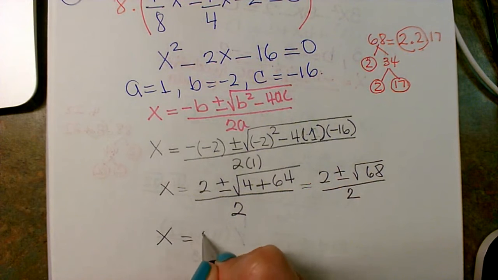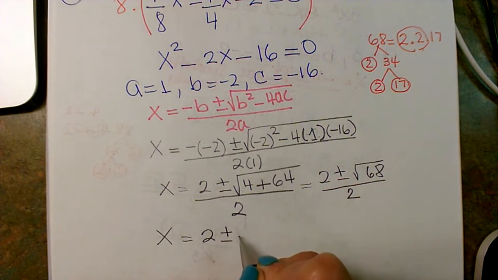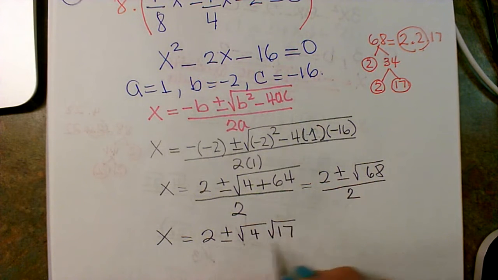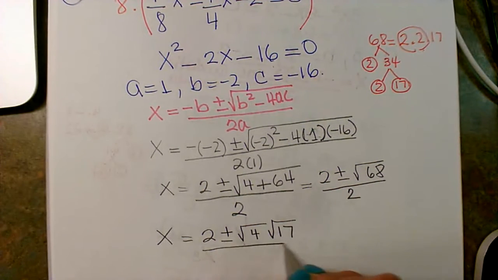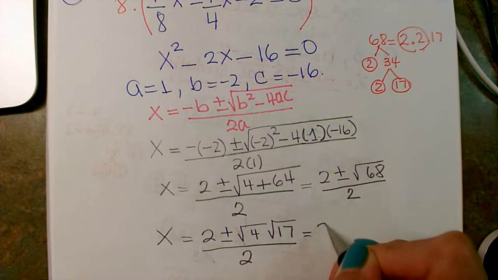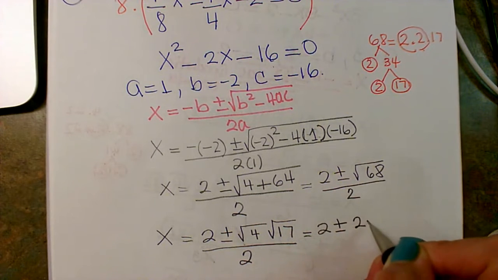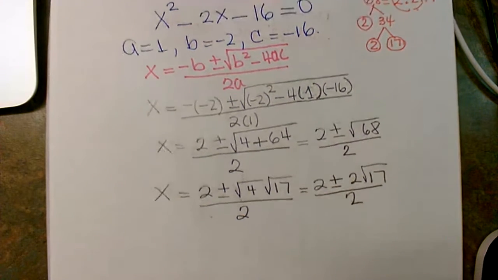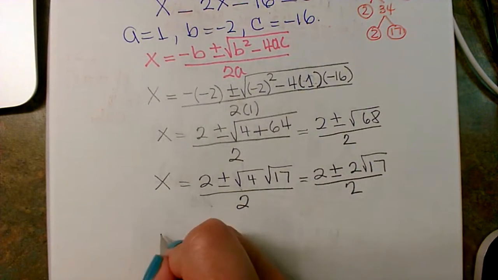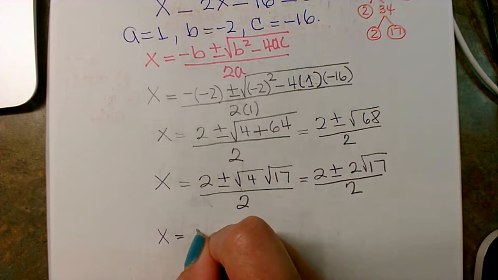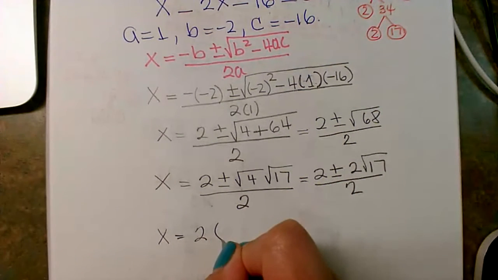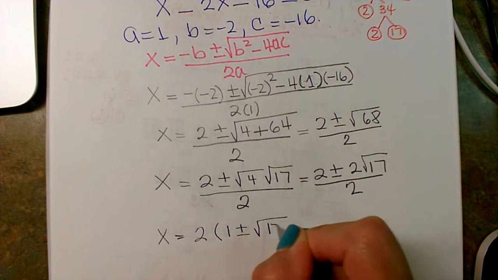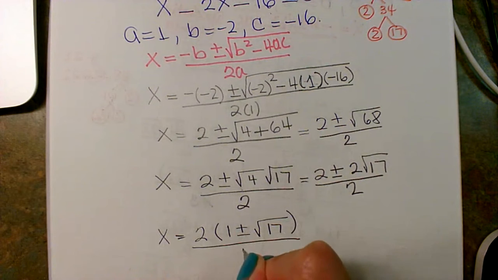So x is equal to 2 plus or minus the square root of 4 times the square root of 17 divided by 2. I see a 2 everywhere. So let me factor the 2. It will be a 1 plus or minus the square root of 17 divided by 2.